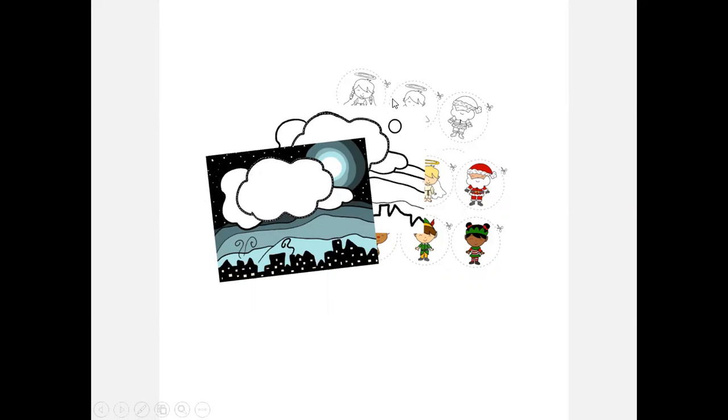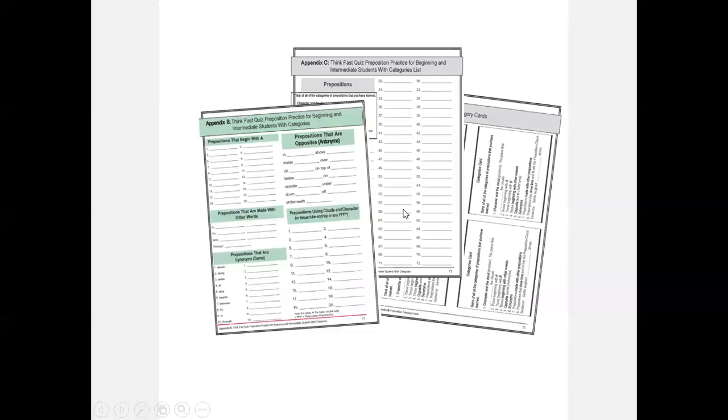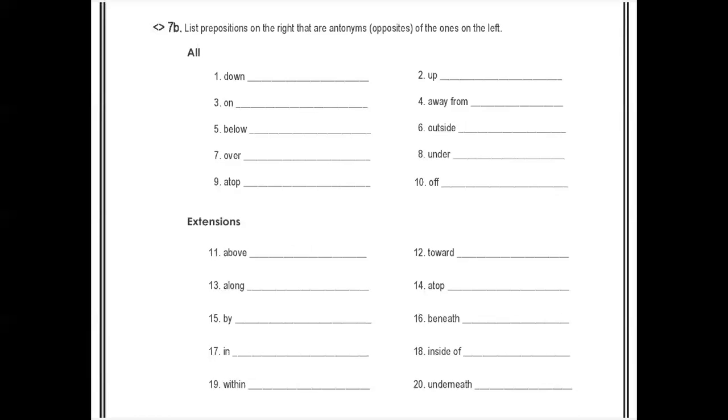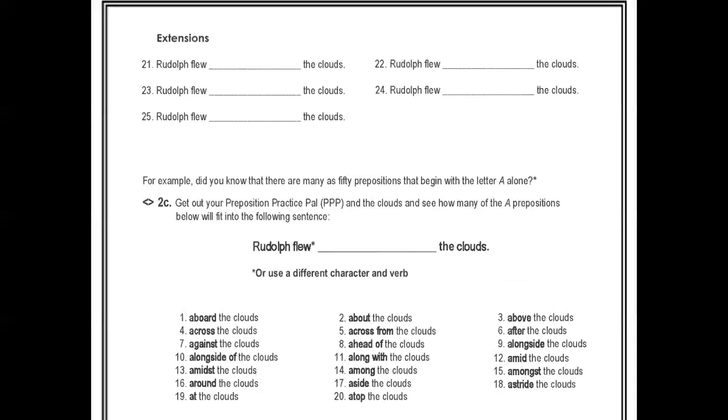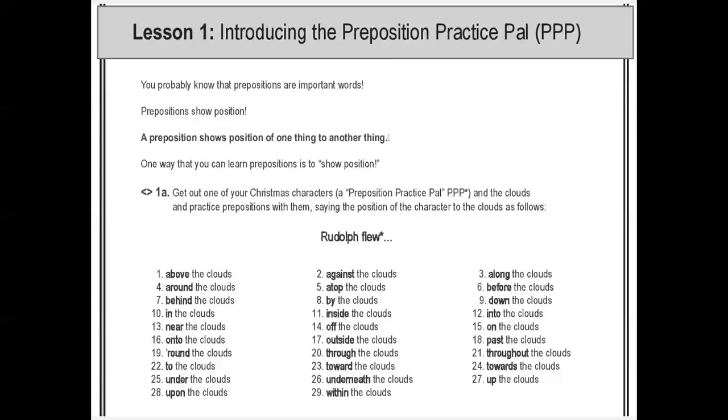So there's a girl angel, a boy angel, Santa, reindeer, and 2 different elves. So they can pick whatever they want. They cut these out and use them, so it helps to have that visual when we go through these. I'm not sure why I put it in the back. Sorry about that. So let's go back to introducing the Preposition Practice Pal.